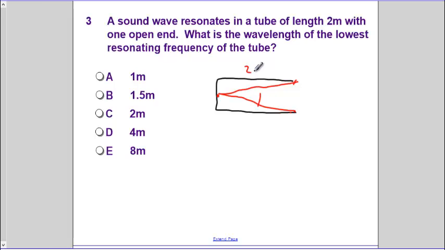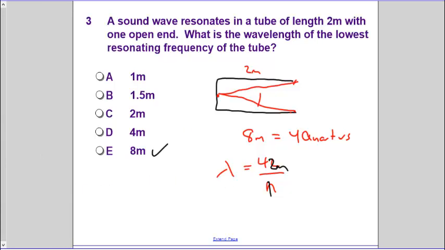If 2 meters contains 1/4 of a wave, 8 meters will contain 4/4. Or we can use the formula that wavelength for a tube with one open end is 4 times the length divided by N, the number of antinodes. There is 1 antinode, and the length is 2 meters, so that will be 8 meters.